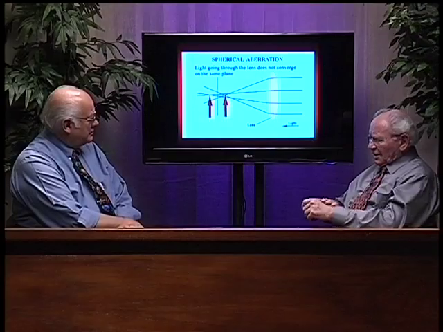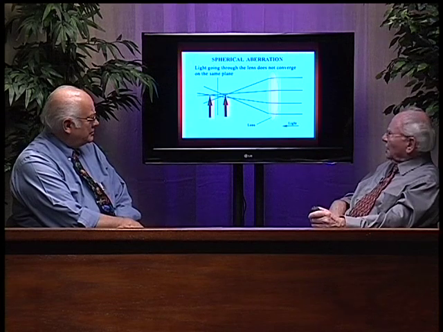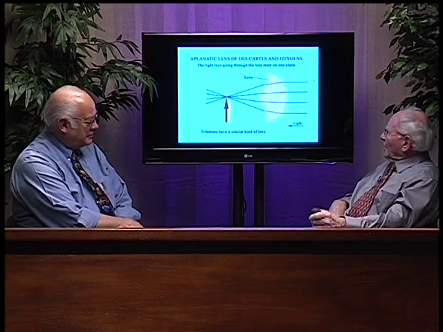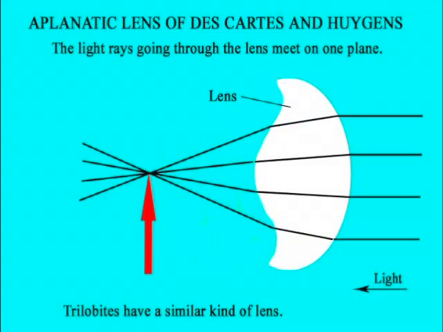Well, there were two outstanding pioneer scientists and philosophers. The name of Descartes, most people have heard of him, famous mathematician and philosopher, and Huygens, who devised a solution to this question of spherical aberration.